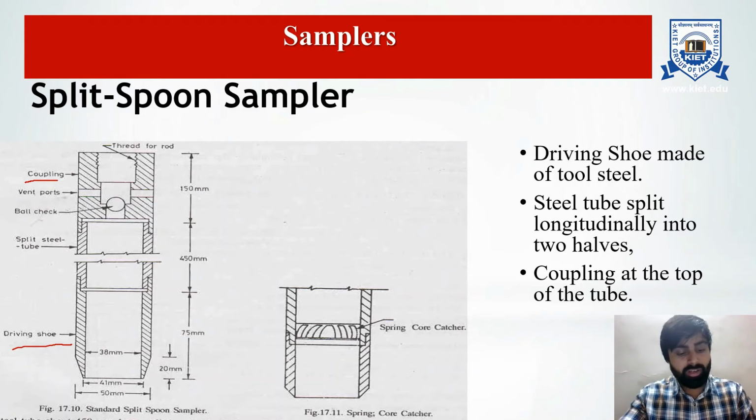The inside diameter of the split tube is 38 mm, and the outside diameter is 50 mm. The coupling head may be provided with a check valve and four venting ports of 10 mm diameter to improve sample recovery. The sampler is also used in conducting the standard penetration test.